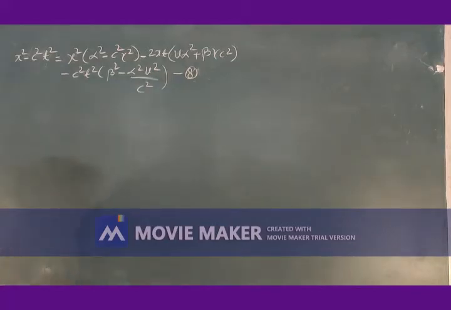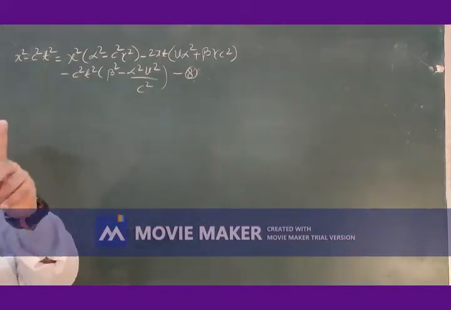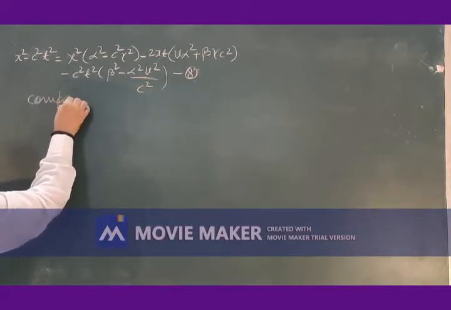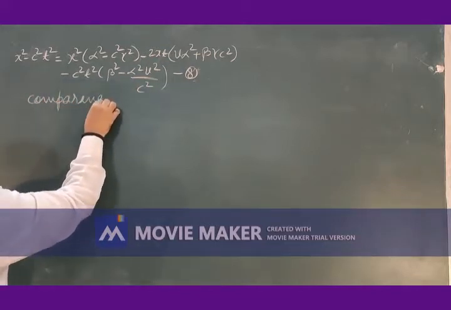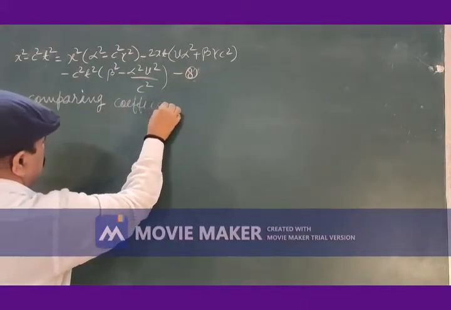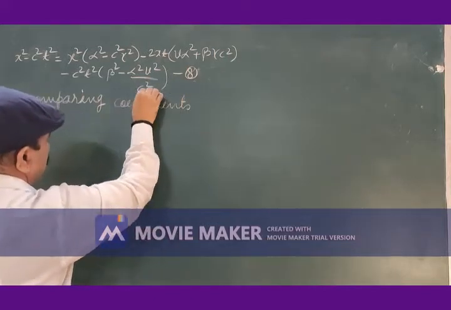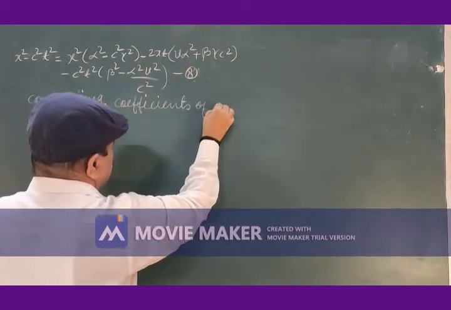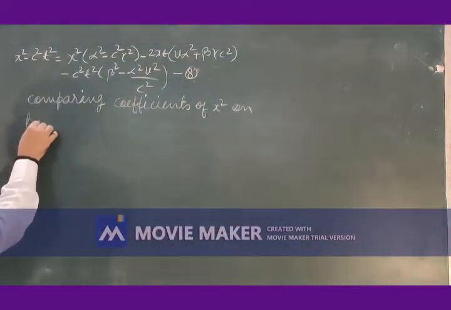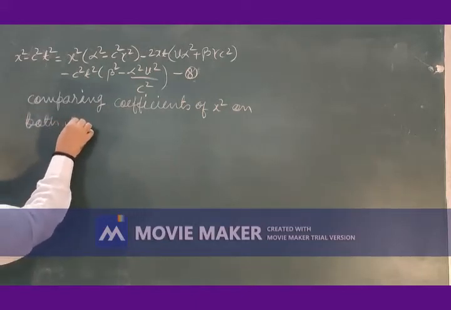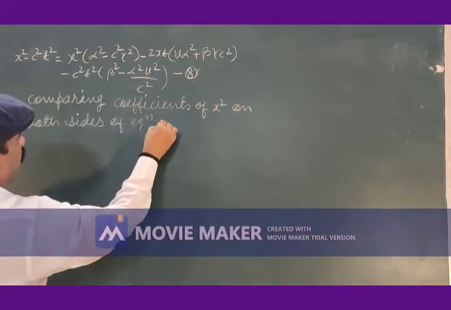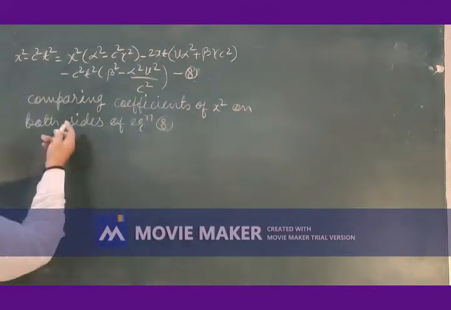Comparing coefficients of x square on both sides of equation 8, what do we have?